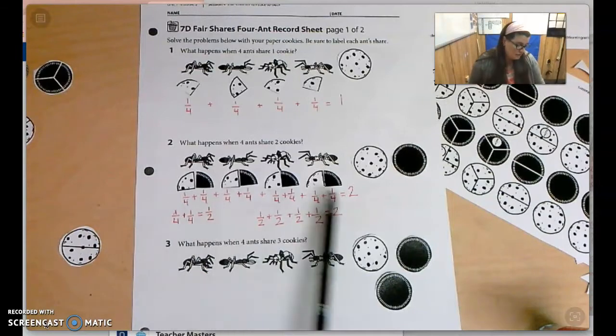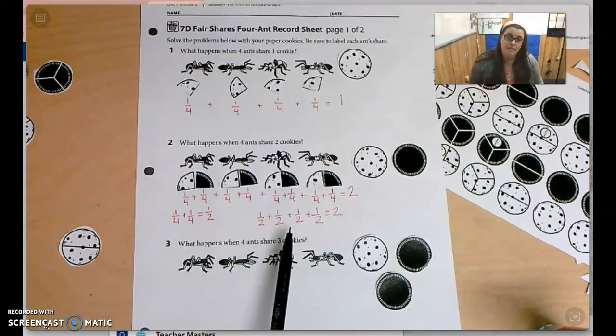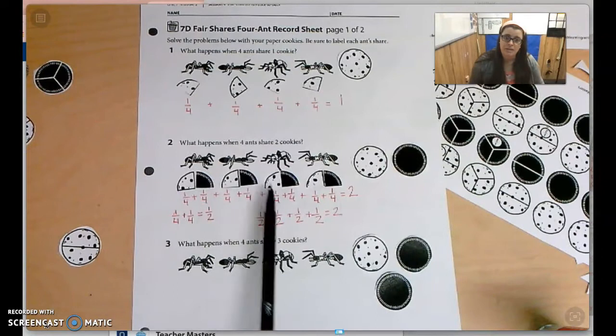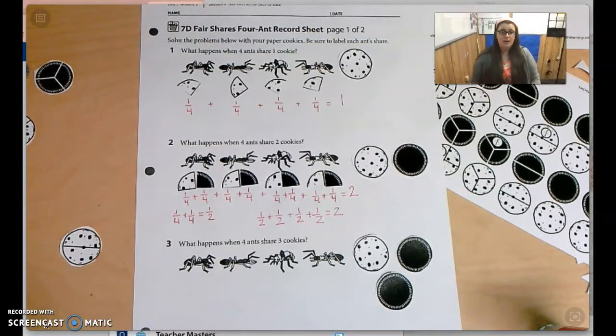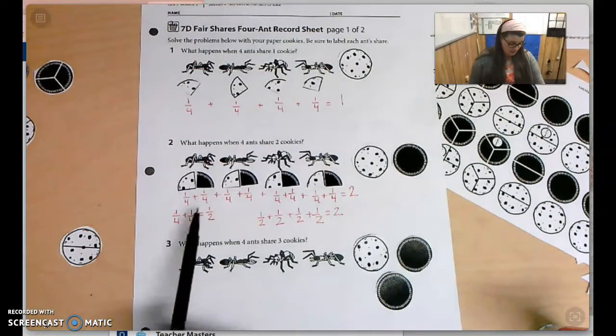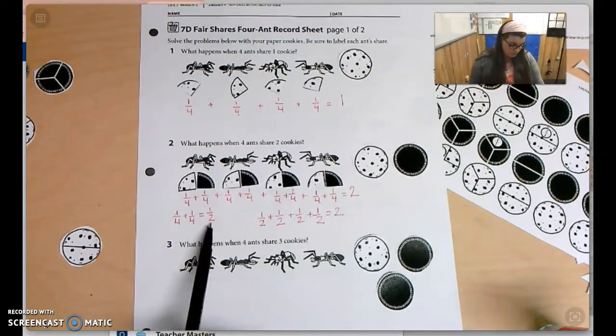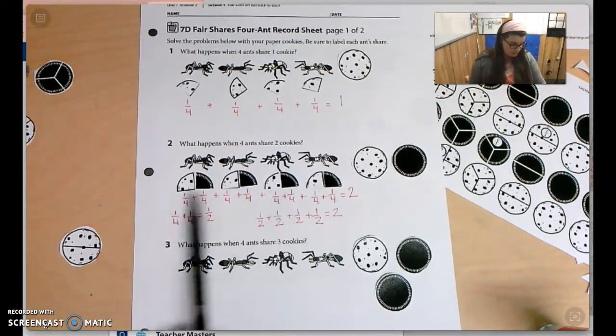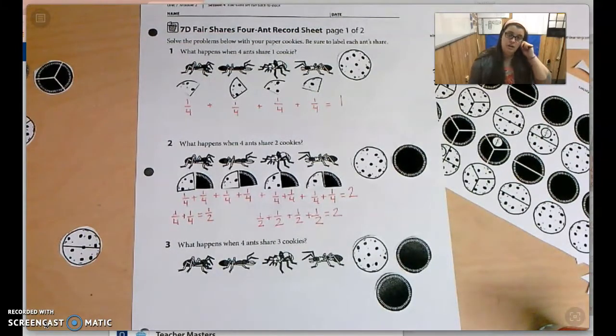And if you get to another place where you have made connections about the pieces, you can go ahead and show me those connections, like the fact that 1/4 and 1/4 is 1/2. And so with that information, I can make a new equation. You don't have to do that, but if you see those patterns and you're comfortable with them, by all means, go to it.